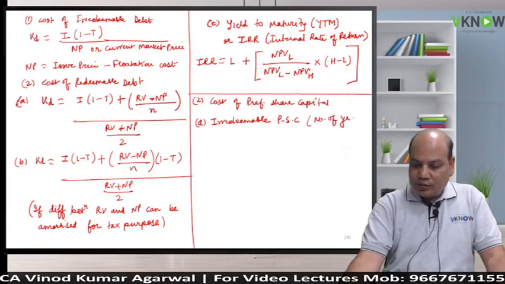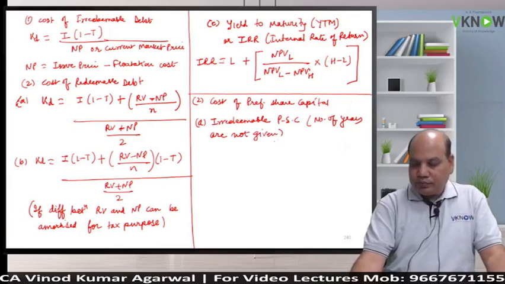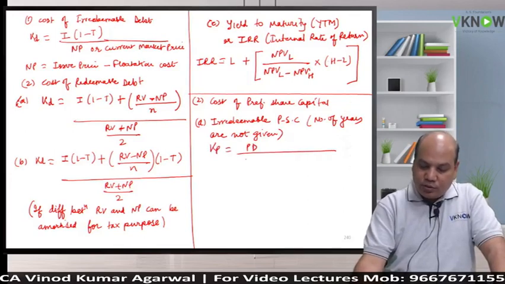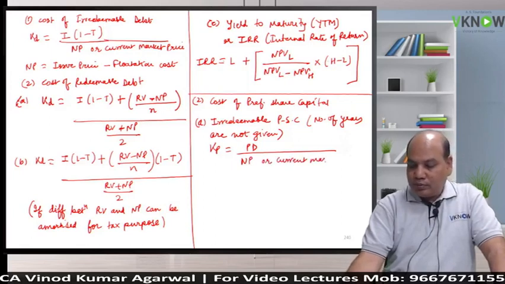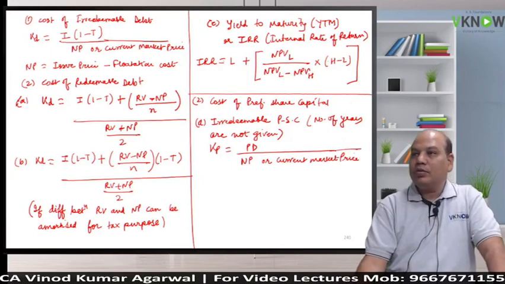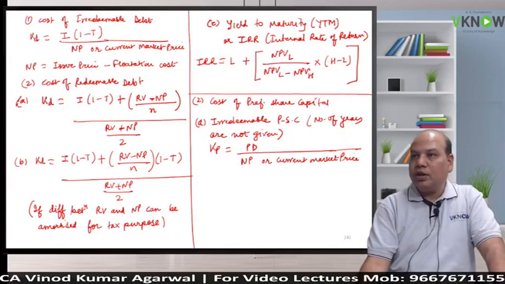When the number of years is not given in the problem, then in that case cost of preference share will be equal to preference dividend upon net proceed or current market price. Net proceed means issue price minus flotation cost. Yes.